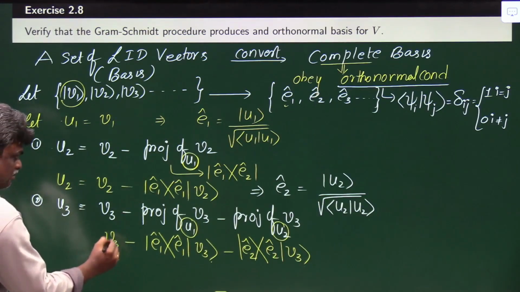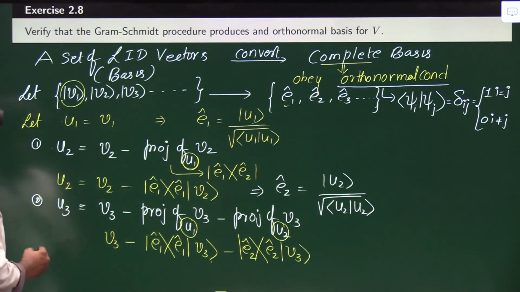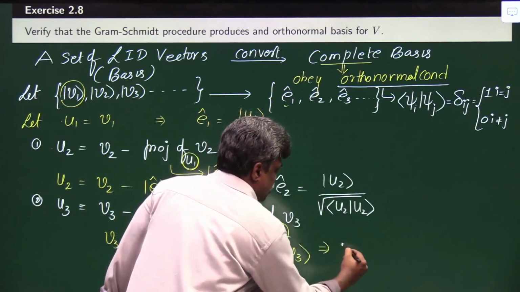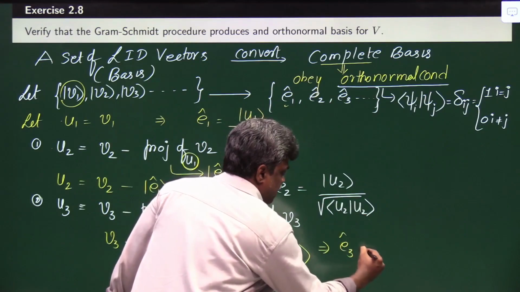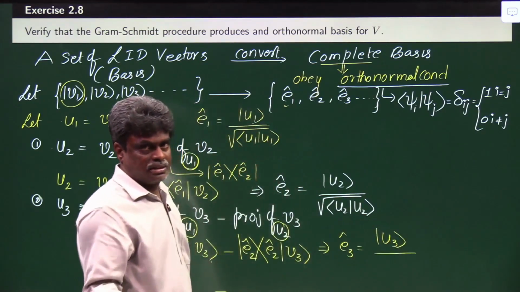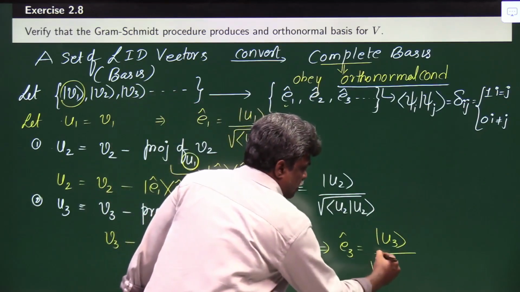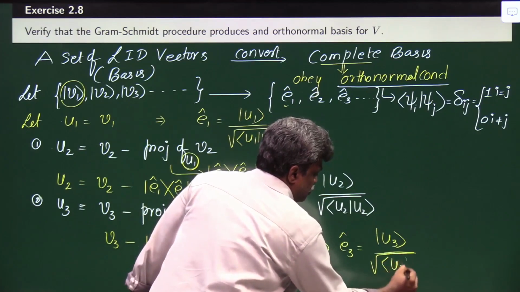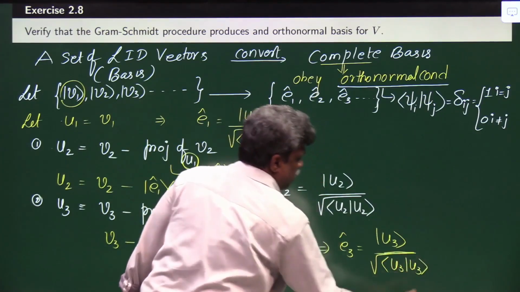That's it. So once you got this U3, you can find the corresponding unit vector E3 equal to the vector by its magnitude or inner product or norm, whatever it is, U3, like this.